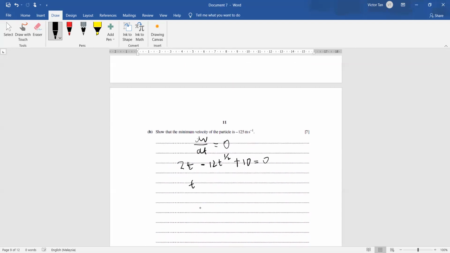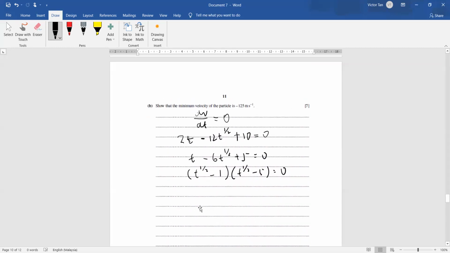So you have t minus 6t to the half plus 5 equals 0. So you have t to the half minus 1, t to the half minus 5 equals 0. T to the half equals 1 or t to the half equals 5.